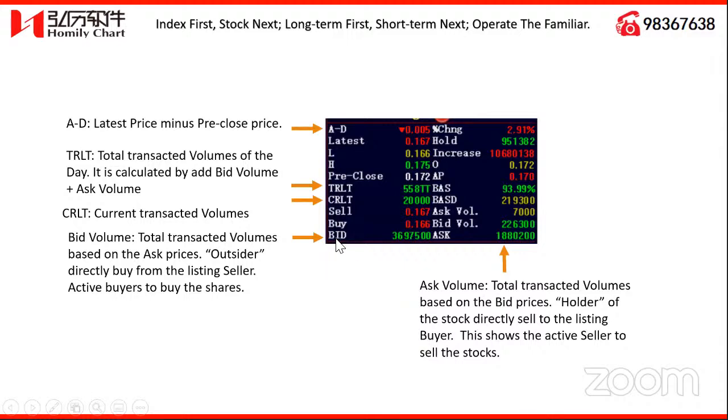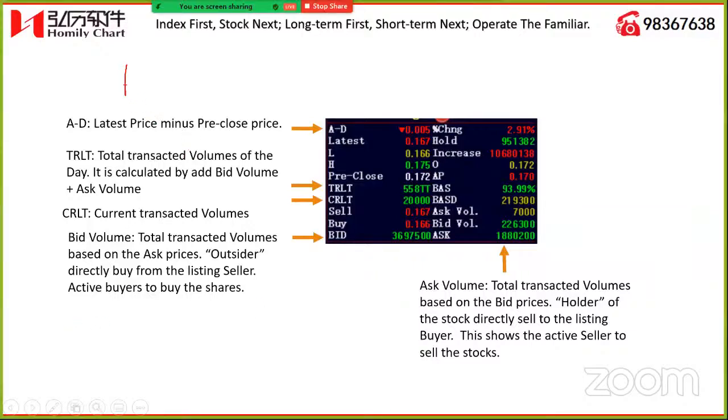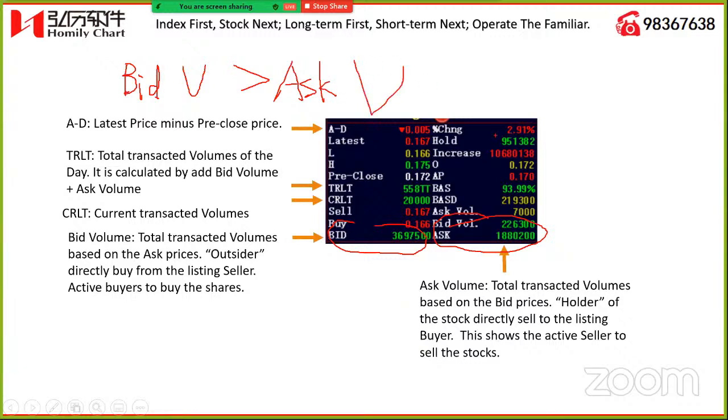Okay. So now I have a question for you. If the bid volume here is more than the ask volume here, are there more buyers or more sellers?